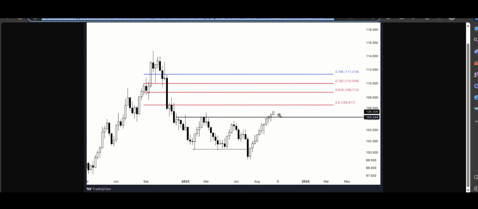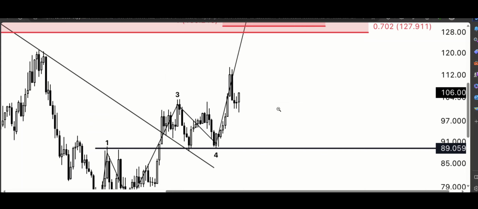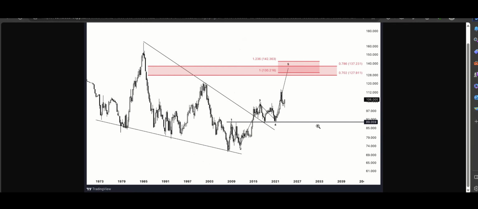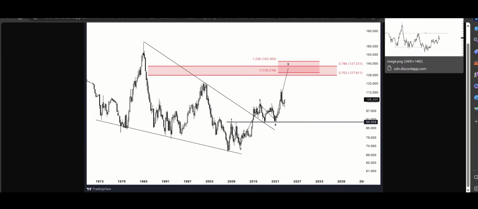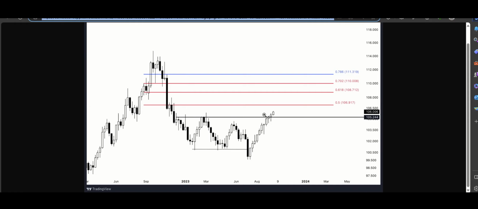We broke out of the range, and now we're going to be gravitated towards these fibs. Getting above this 702 at 110, and especially this 786, will likely confirm a scenario like this. Okay, it will likely confirm further continuation to the upside. So crypto bulls and stock market bulls, they want to see the DXY reject off these fibs, okay, and then start making its way down.